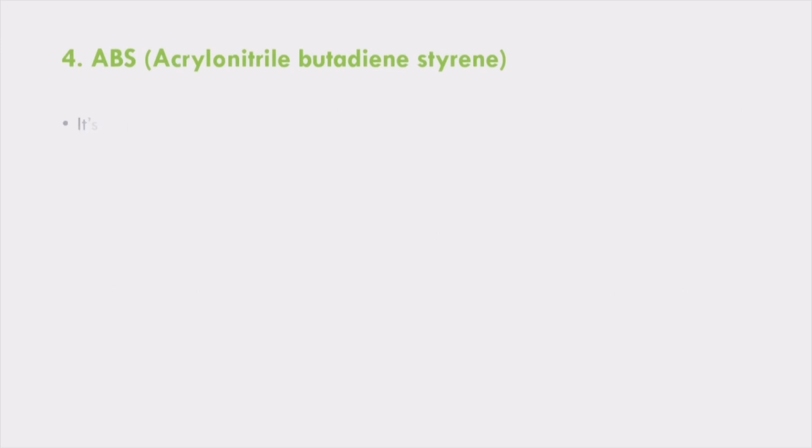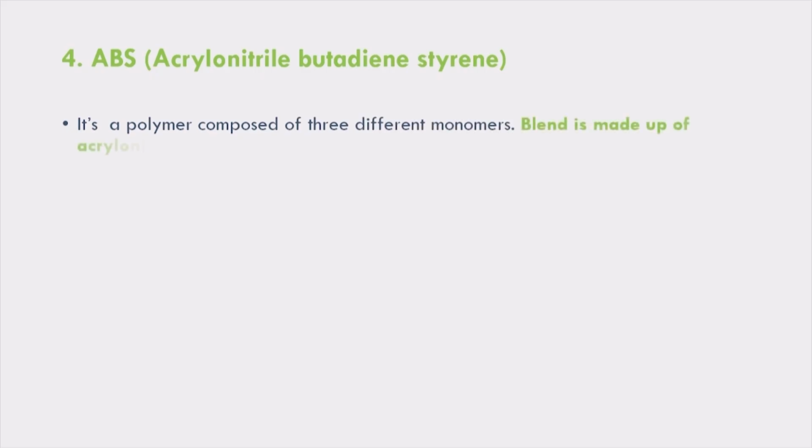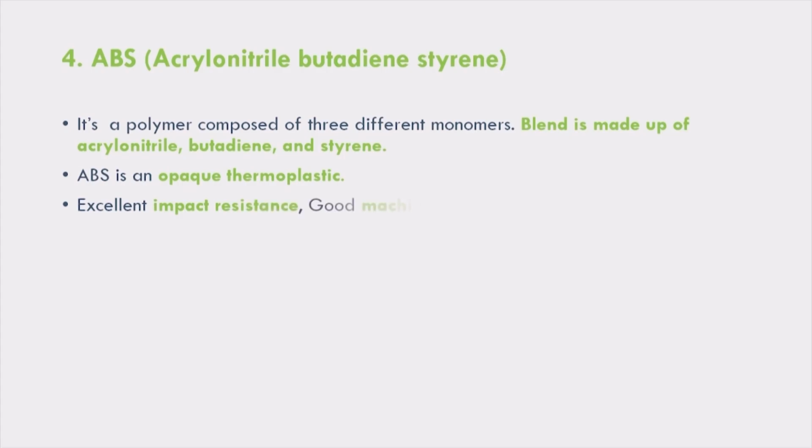ABS, acrylonitrile butadiene styrene. It's a polymer composed of 3 different monomers. The blend is made up of acrylonitrile, butadiene and styrene. ABS is an opaque thermoplastic. Excellent impact resistance, good machinability, excellent aesthetic qualities, easy to paint and glue, good strength and stiffness, and low cost.